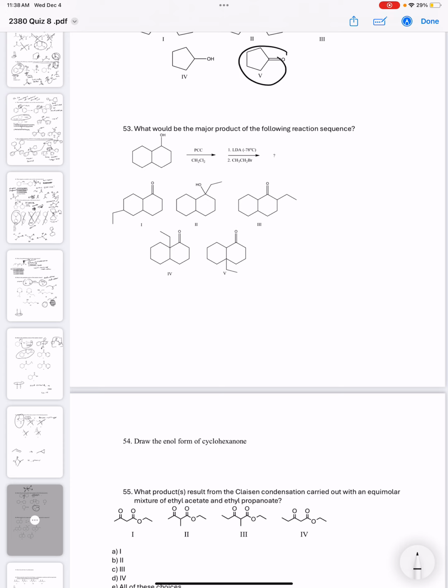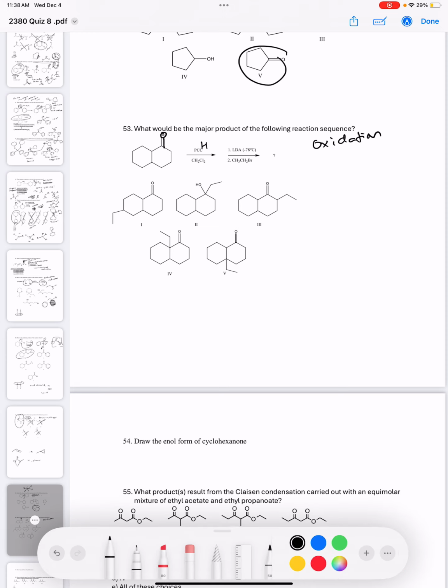What would be the major product of the following reaction sequence? PCC would turn this into a ketone. That's an oxidation reaction. We've talked about that a few times already. And then the next is LDA. LDA is lithium diisopropylamide, which I almost just wrote LAH, but LDA is different than that. This is what we did at the very end, where LDA is a bulky base, and so it's actually going to take the proton. It basically acts like tert-butoxide, where it'll take the proton and leave a lone pair behind.